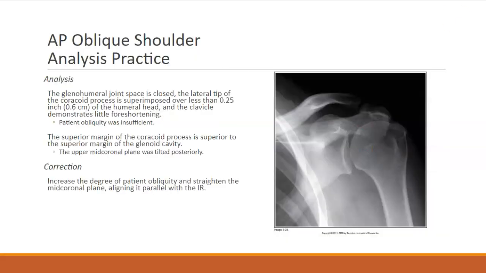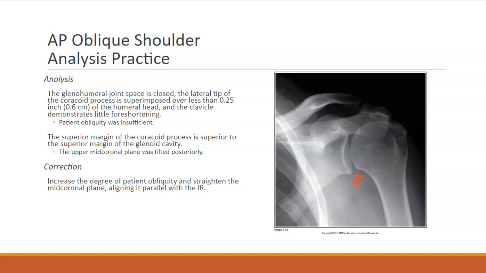So let's take a look at our first practice analysis for the Gracie method. Image analysis guidelines: the objective in this projection is to get that glenohumeral joint space free of superimposition, and we want a nice open joint space here. At first glance, I can see that that joint space is not open. Okay, so now we need to determine, is there some rotation issue?